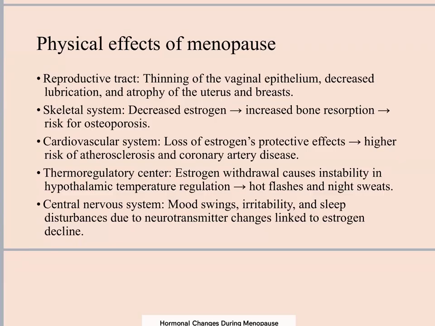And so there is a big risk for osteoporosis around this menopausal time. The cardiovascular system, the estrogen has a very protective effect on the cardiovascular system. And when the estrogen declines, there's a bigger risk of atherosclerosis and coronary artery disease.